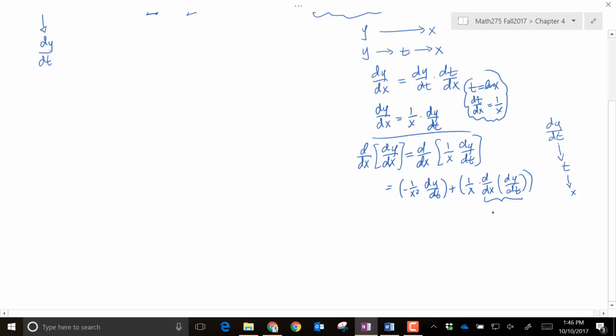So this is going to be the derivative of dy dt with respect to t times the derivative of t with respect to x. Maybe we should have done a second order. What's dt dx? For those of you who are still following, 1 over x.